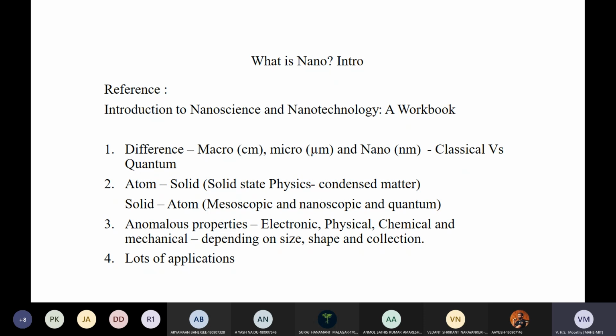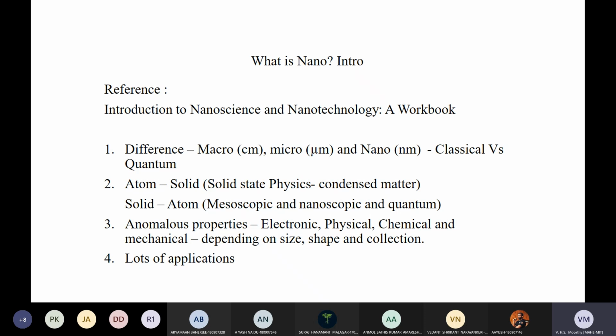In first year BTech, at least, you should have been introduced to valence band, conduction band, band gap, and all those things. That means we can understand a material in terms of a solid, a material having a huge number of atoms, by using band theory of solids and other things.